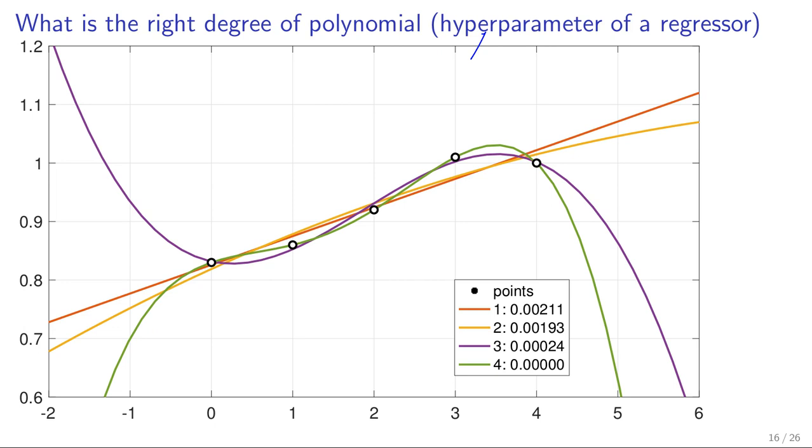So the problem here is that with this degree 4 polynomial, you have a zero error on the training set, but what it's suffering from is overfitting. So if I happen to have another data point, which could be here, then these high degree polynomials would be off. Here the error is the distance.